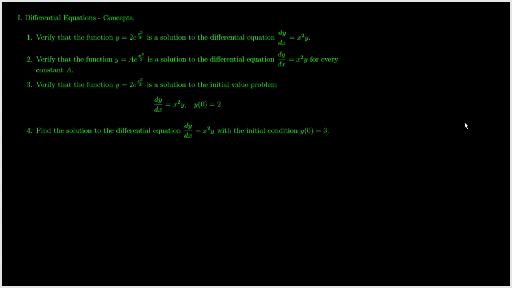Now we work on question 3. In question 3, you have an equation, and actually you have two equations. The first one is an ODE, an ordinary differential equation. The second one is actually what we call an initial condition.